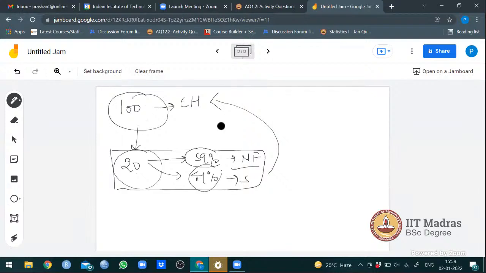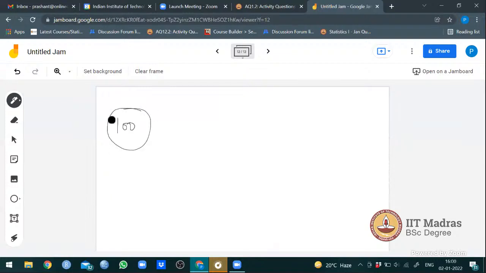See, according to this, you are making the conclusion for this. Okay, this is the thing. Another thing is that suppose there are 100 people and all 100 people participated in the survey, and suppose 59% say it's a normal flu and 41% say it's serious, then it's descriptive statistics.